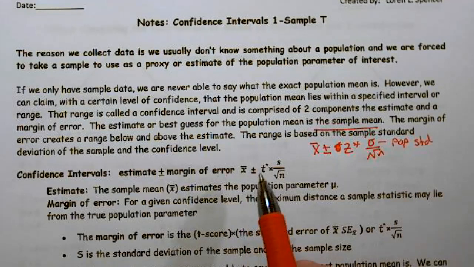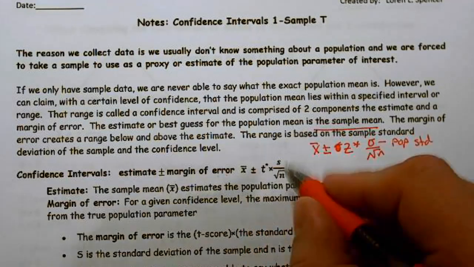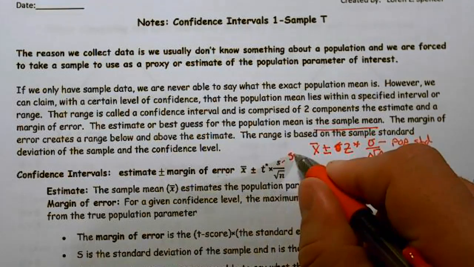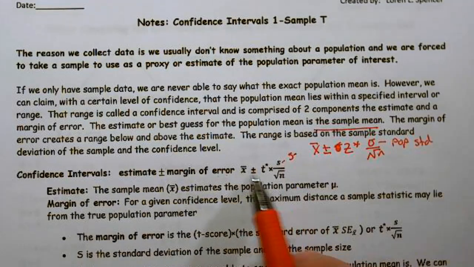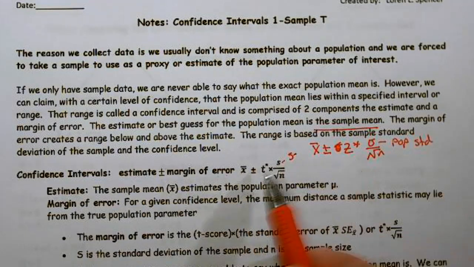With a T distribution, we're working with the sample standard deviation, but otherwise it's exactly the same. X bar plus or minus, well, instead of a Z star, we have a T star, S divided by the square root of n.